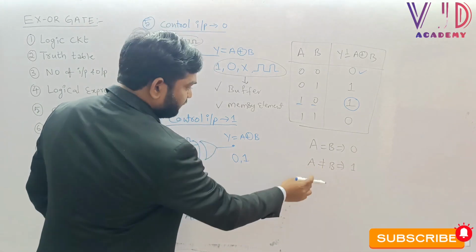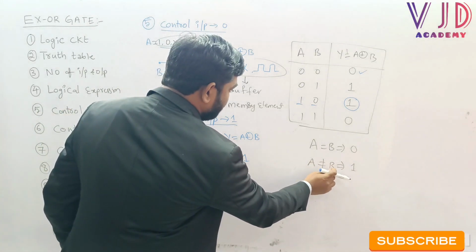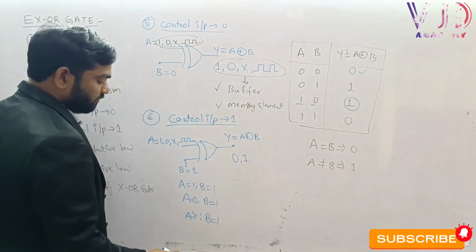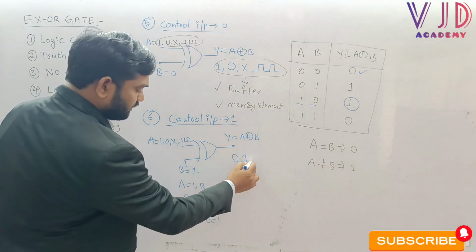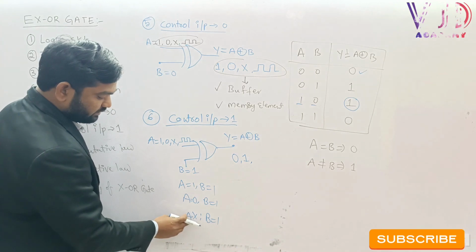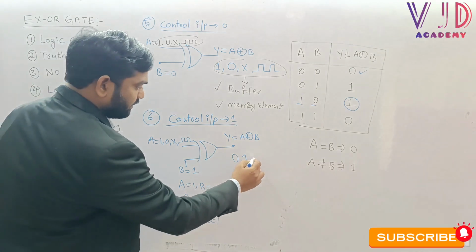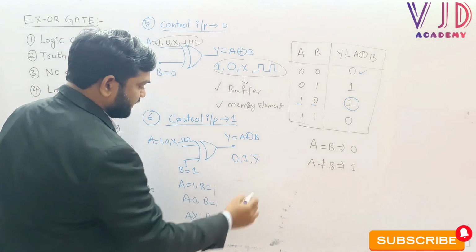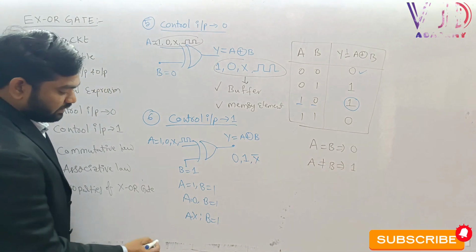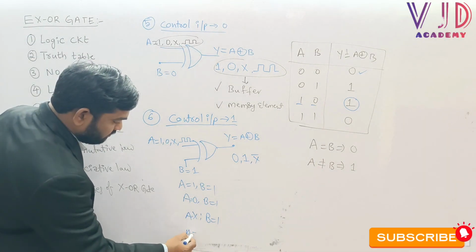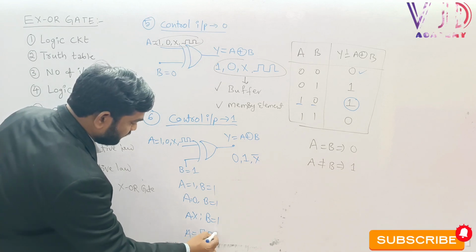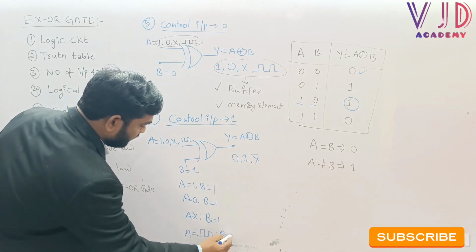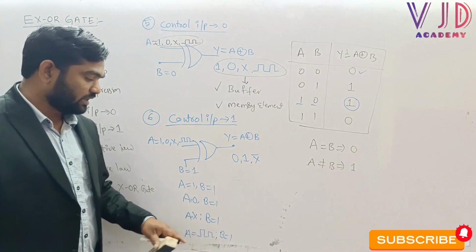When A is not equal to B, the output is automatically 1. So can I say, sir, that the output is X bar? And then the fourth condition, A equal to square wave and B equal to 1. Here also both inputs are not equal.